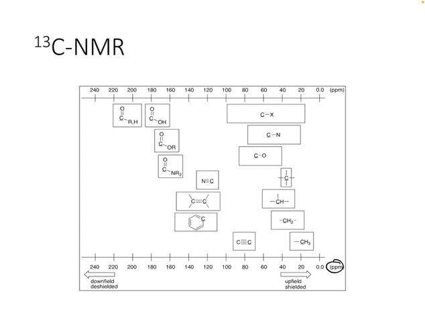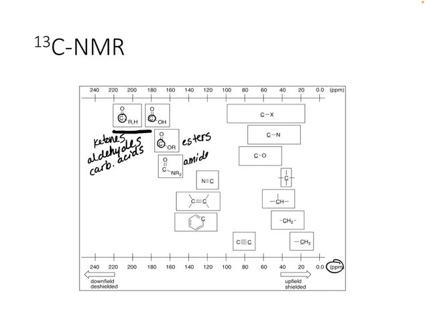So carboxylic acids, ketones, and aldehydes, they all show up around 160 to 220. Esters show up at around 160 to 180, and this would be specifically the carbon in those functional groups.